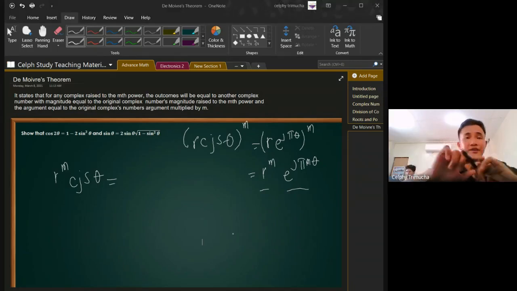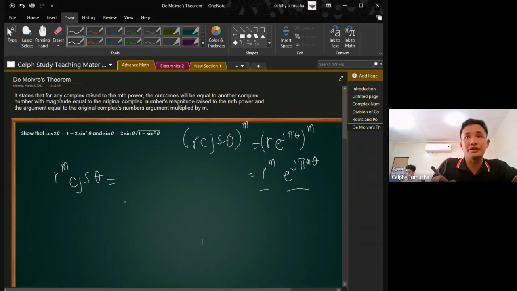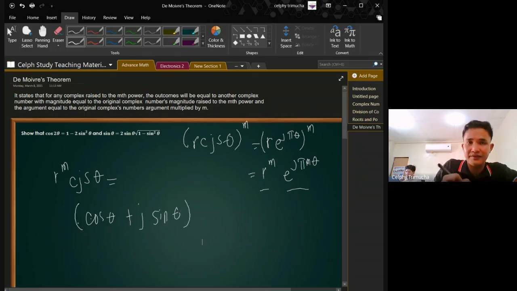Next, take note also of another equivalent equation. So we have (cosine theta plus j sine theta) raised to m. So take note lang kung sini nga relationship kinahanglan naton tandaan when dealing with De Moivre's theorem.